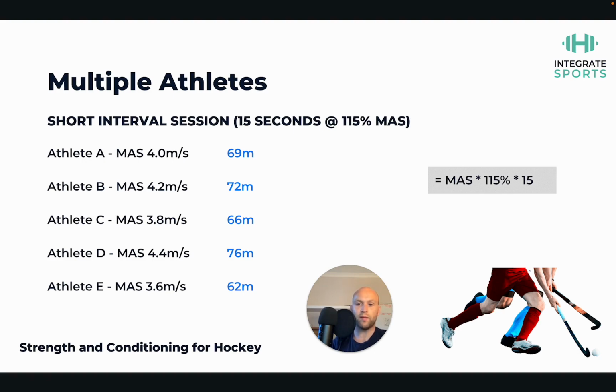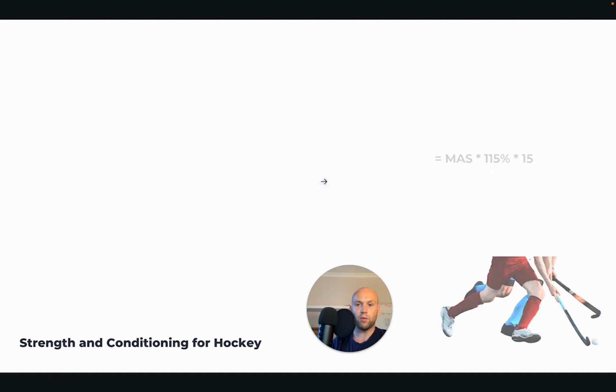Again, the same group of 5 athletes would have an individualized distance target, ranging from 62 at the bottom there to 76 here. And again, that would be mass times 115%, times the 15-second duration, which will give you this. Again, check the calculators for an easy means of determining all of these things.